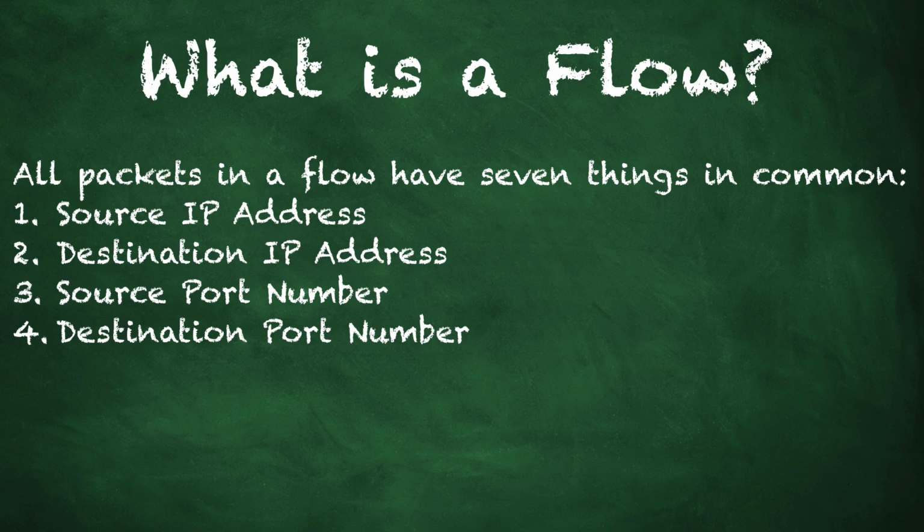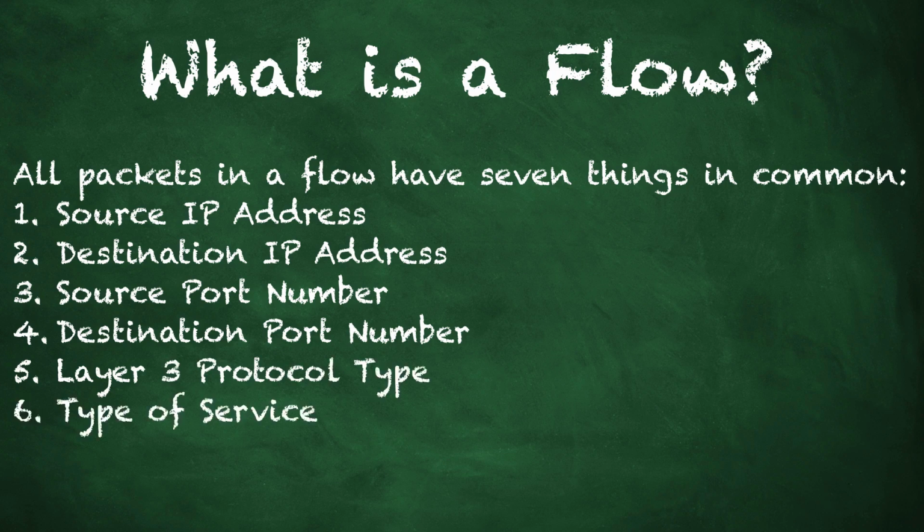Something else that packets have to have in common in order to be classified as a flow is that they have to have the same layer 3 protocol type, such as IP. Also, they have to have the same type of service or TOS value. Here we're talking about a quality of service marking. In an IP version 4 packet, as an example, there's a field called the TOS byte.